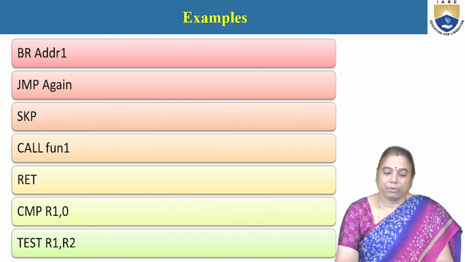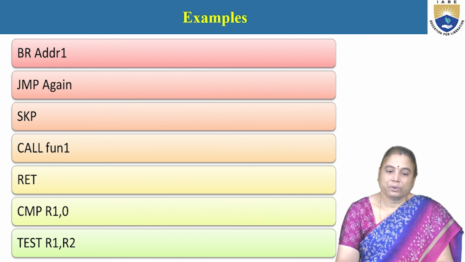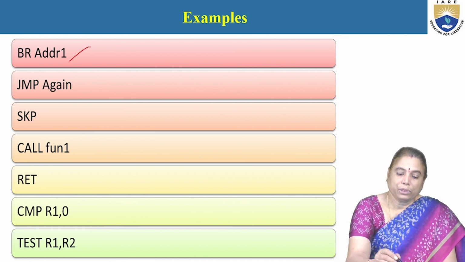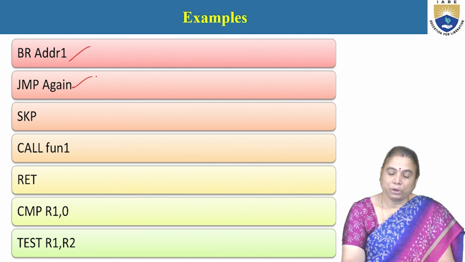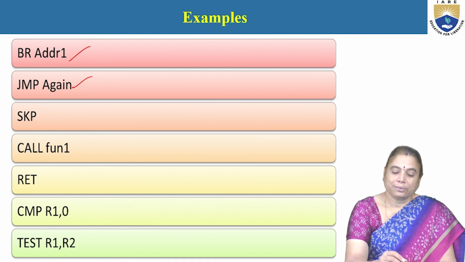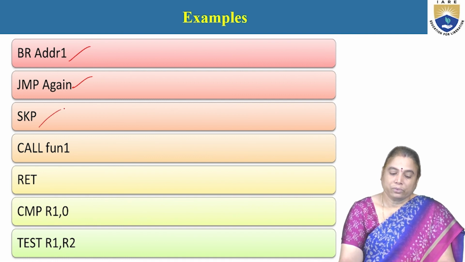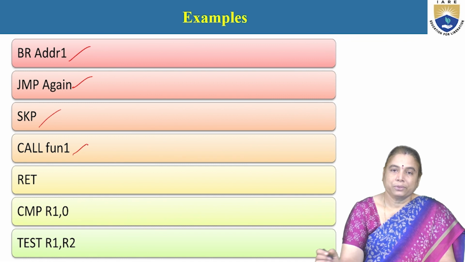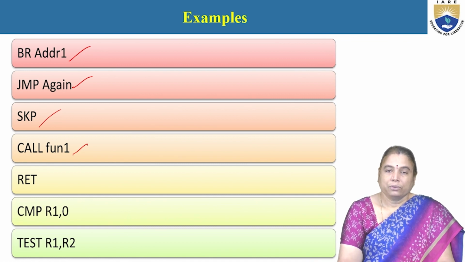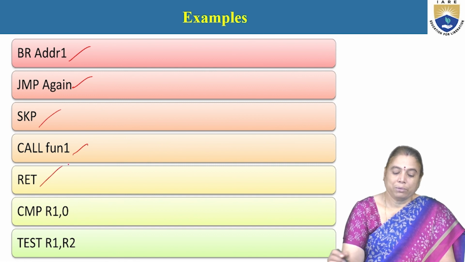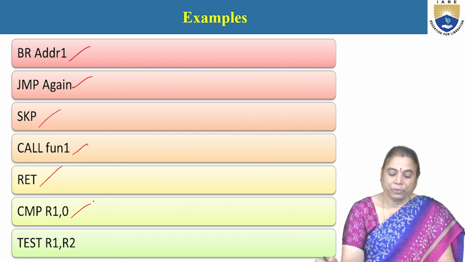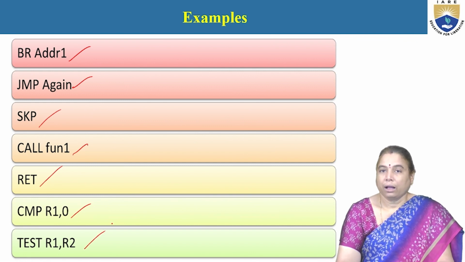Examples of program control instructions: branch to a specific address; jump to a label, a user-specified label; skip to the next instruction; call the required function, so CALL function 1; return to the main program; compare, CMP R1, 0; test R1, R2.